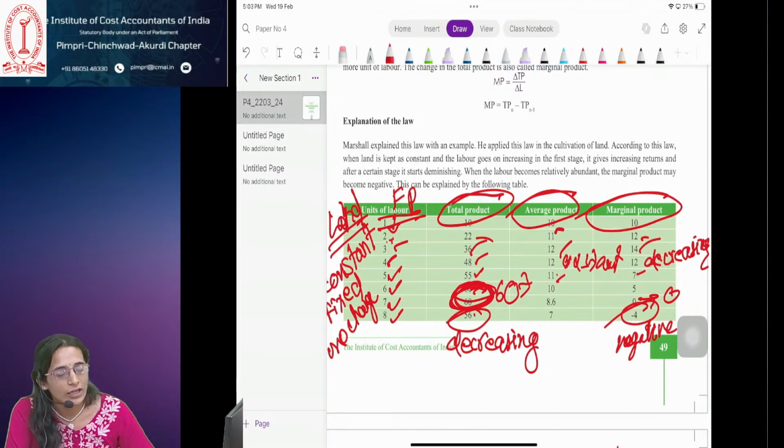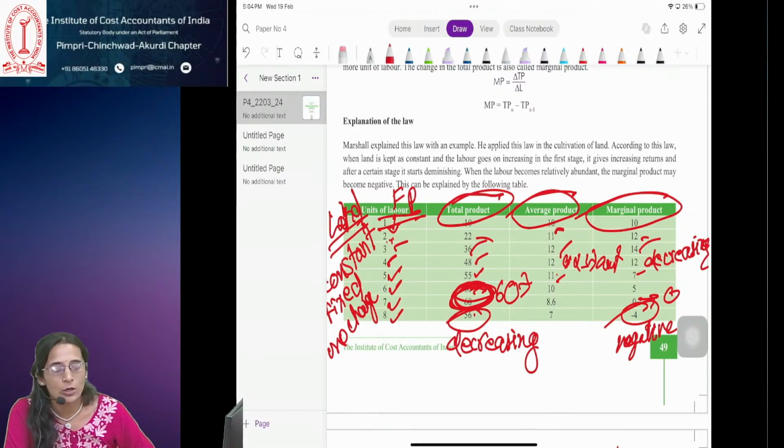And what is variable proportion? What is the name suggesting? One input, one factor of production, is variable, and the other factors of production are constant. What impact will it bring when we change one factor of production while keeping other factors constant, on the total output? We saw this through the table. The impact is the same as per the law of diminishing marginal returns.